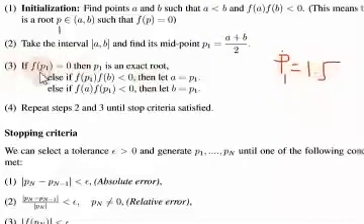If f of P1 is equal to 0, then P1 is an exact root. Otherwise we check whether this product is negative or the other one is negative. If this one is negative, we choose A equal to P1, like that. I think you are familiar with these steps. You know how to use the bisection method, right? So let's do this process.